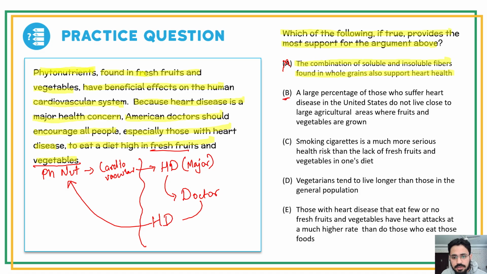B, a large percentage of those who suffer heart disease in the United States do not live close to large agriculture areas where fruits and vegetables are grown. Okay, so they're not good. That's an assumption. I was this close to assuming that because they do not live close to large agriculture areas, that necessarily implies they do not get access to fruits and vegetables.